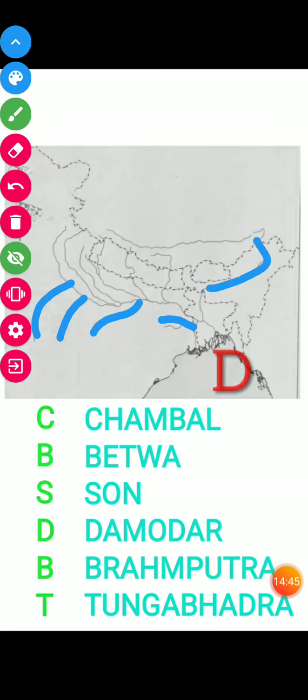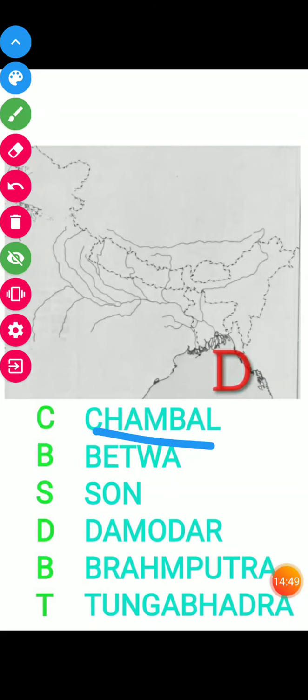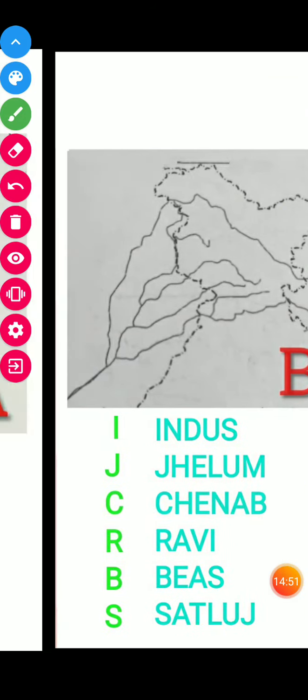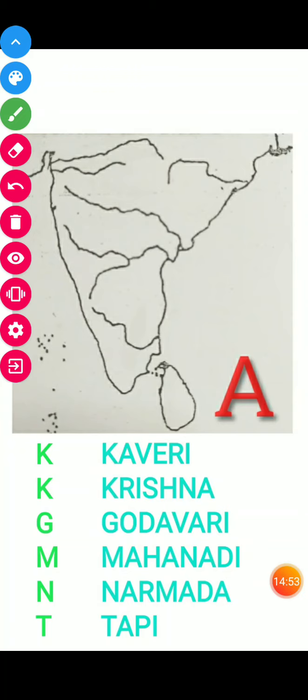So where is the 6th one? The 6th one we left out in section A. Kaveri, Krishna, Godavari, Mahanadi, Narmada, Tapi. We did these 6 rivers, but we left out this river. This is Tungabhadra, the river Tungabhadra, that is a part of Krishna that joins Krishna.